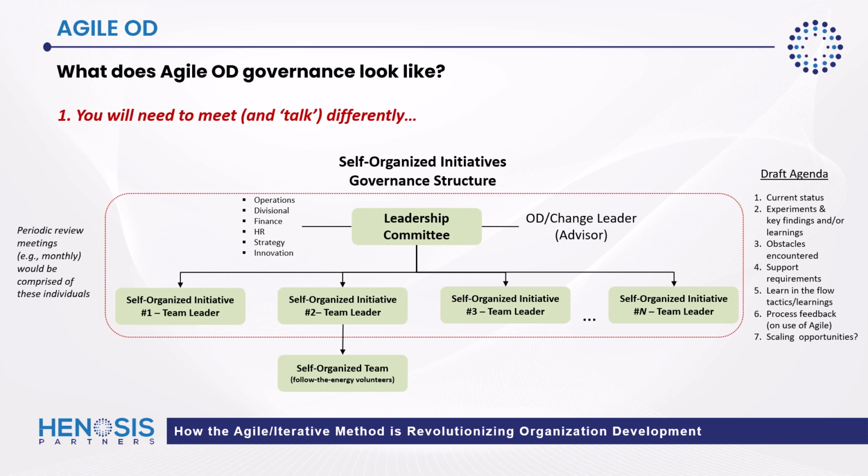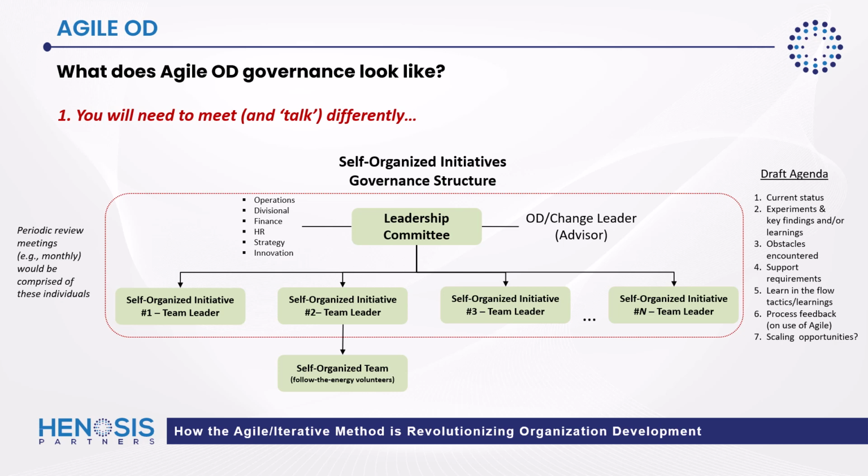The team leader would also share what the team is doing at an individual level to learn in the flow of work, that is, to role model the new. And they would also provide feedback to the leadership team on their use of the Agile Iterative Method.